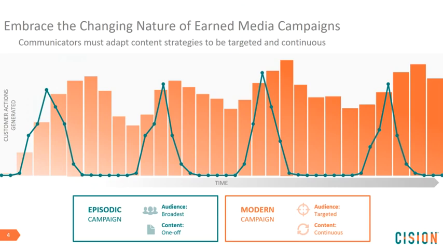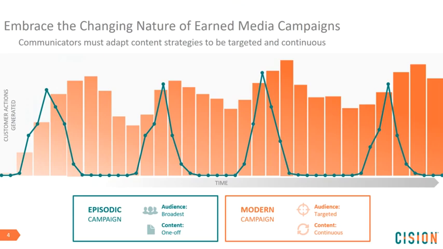So first, they'll start with an episodic campaign. So maybe it's a product launch or an executive announcement. And second, because they have so many distribution points, it's tempting to circulate it to the largest and the broadest audience possible. But this model yields unsustainable engagement because there's nothing to keep those audiences interacting long-term and over time. It's really not contextualized to their needs. So communicators need to move to a more modern campaign structure that incorporates both a mix of reach but also more individualized targeting.